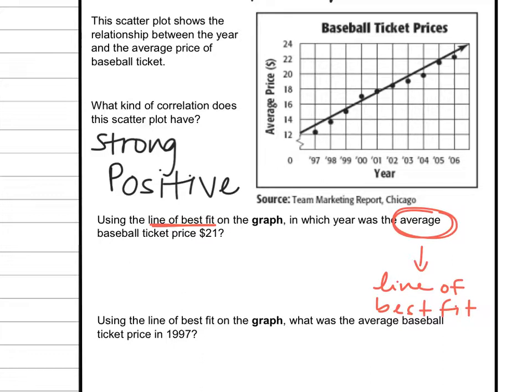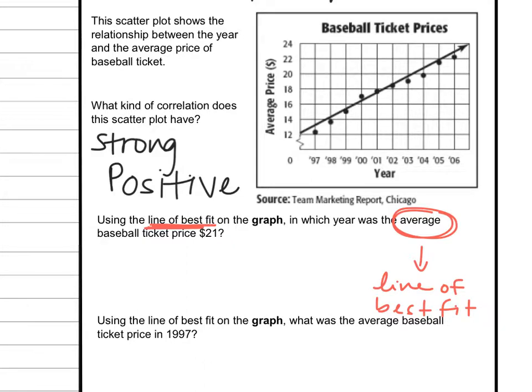I'm asking in general, looking at the trend line, what was the case? We don't care about the points when I'm asking you interpreting questions. We care about the line of best fit, because that is the trend. That's how it's trending, so that's what we're going to look at.